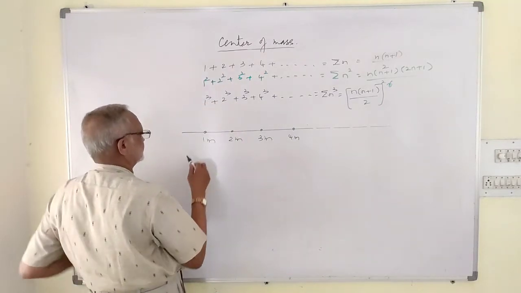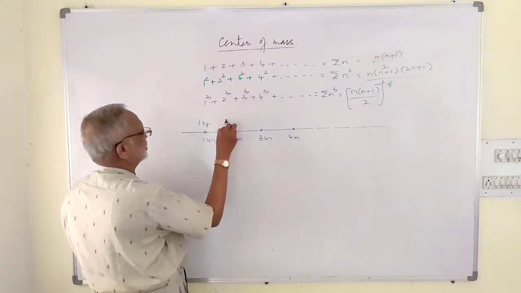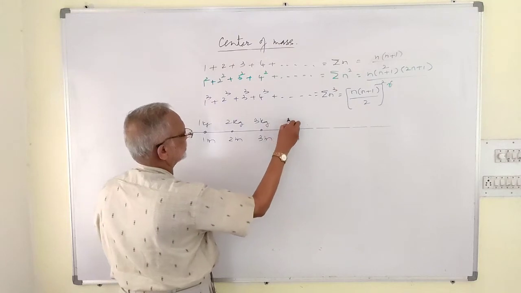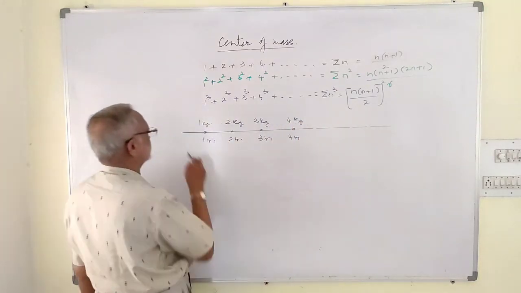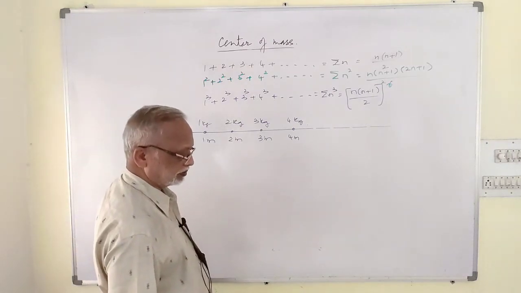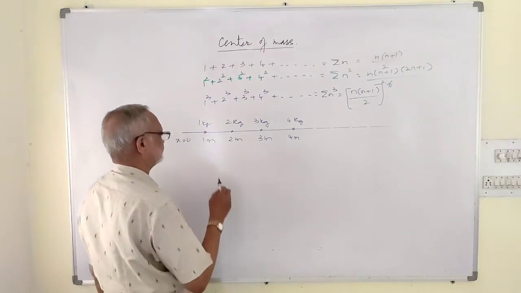Suppose you have got bodies of 1 kg, 2 kg, 3 kg, 4 kg and so on. This is x is equal to 0. We want to find the location of the center of mass.